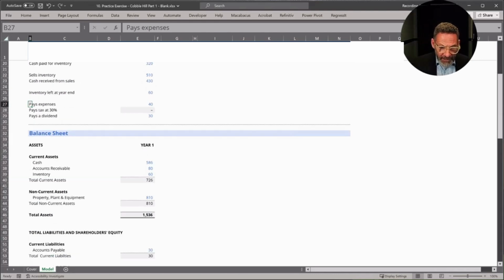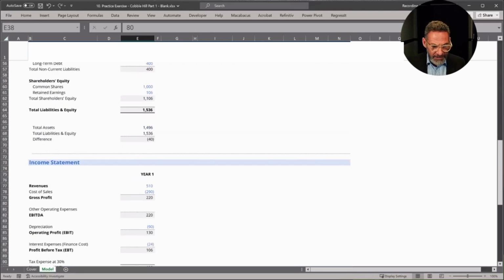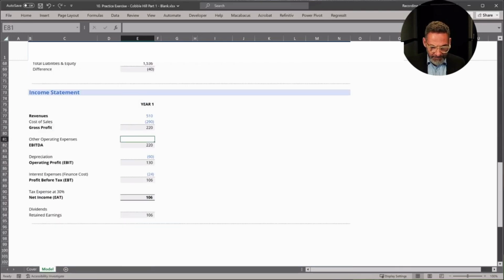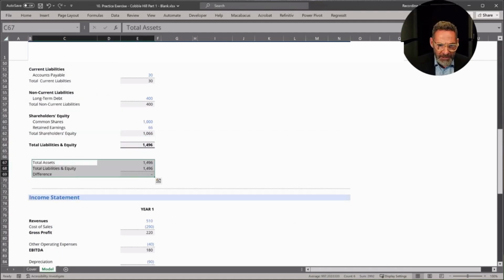So the 40 of expenses, let's do that. That's 40. I always start with cash. But we have expenses of 40. Again, our income statement is feeding through correctly into our balance sheet. We know that because the balance sheet continues to balance and the accounting equation holds.